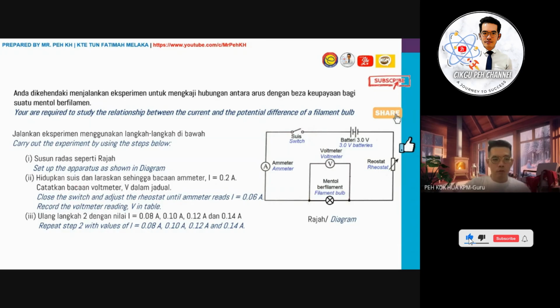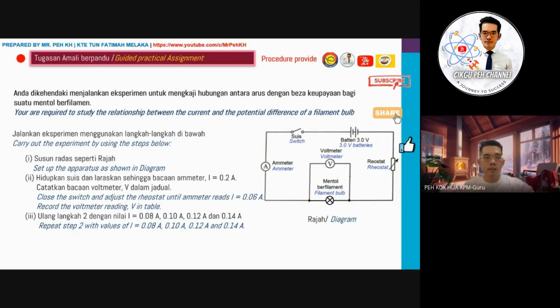Firstly, close the switch and adjust the rheostat until the reading of the ammeter, which is I, equals 0.06 ampere, and you need to record the voltmeter reading. Then repeat step 2 with other values of I. When the procedure is provided, this type of question is known as Tugasan Amali berpandu. The students just need to follow the procedure provided and carry out the experiment.